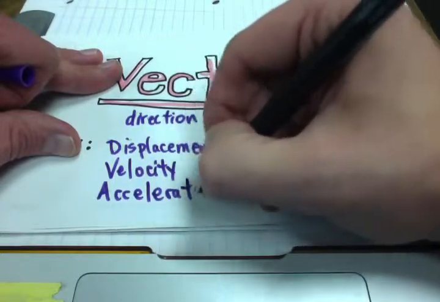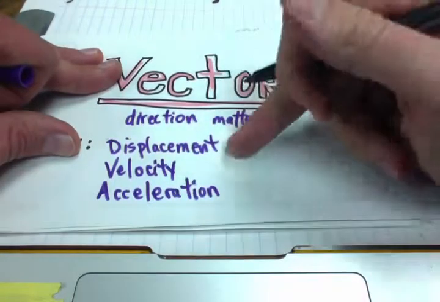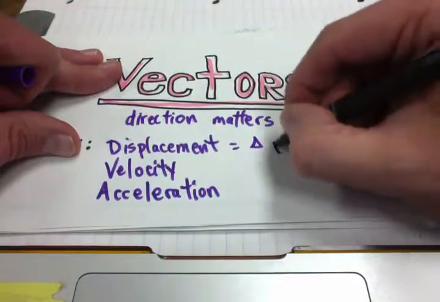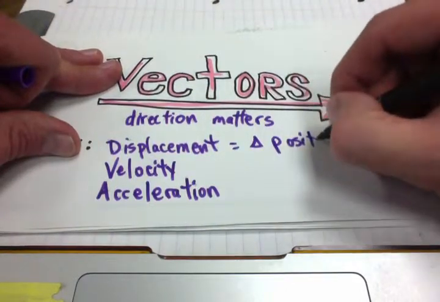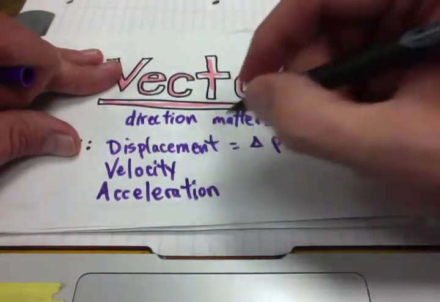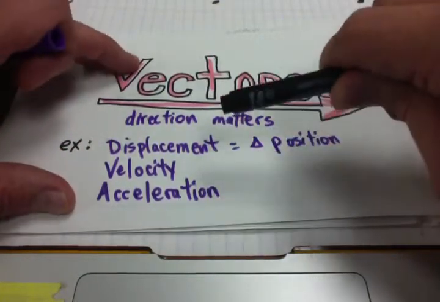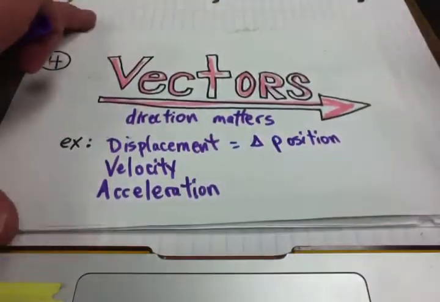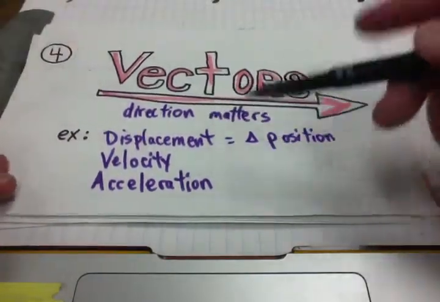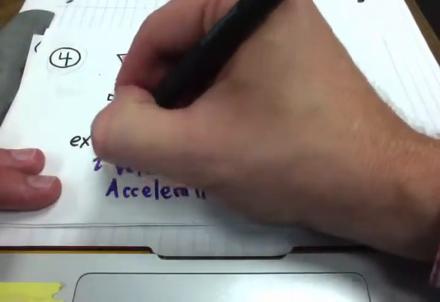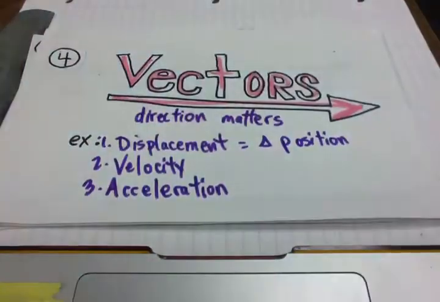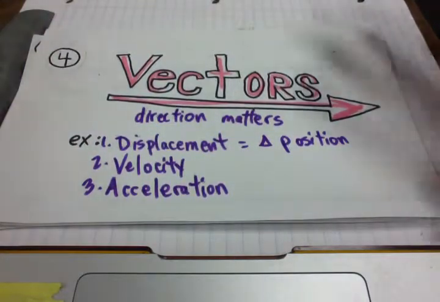So velocity depends on our change in position. Now, if velocity is a vector, then acceleration, which depends on our change in velocity, is also a vector. So these are 3 examples of vectors that I expect you to know.